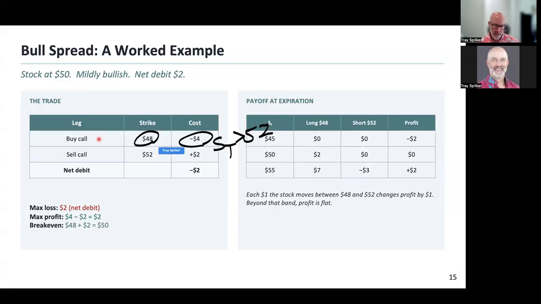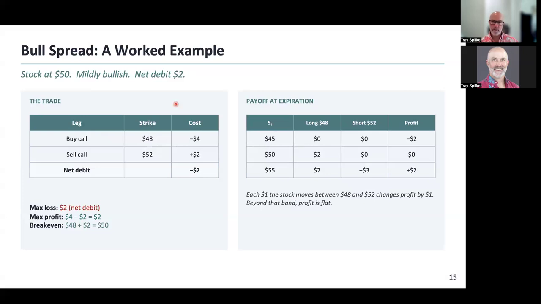So that difference basically is equivalent to the cost of that. So it's a better risk reward trade-off in some, or from a cost perspective, than just a naked long call position at a strike price of 48. So it's a trade-off, right? It does cap the upside though.